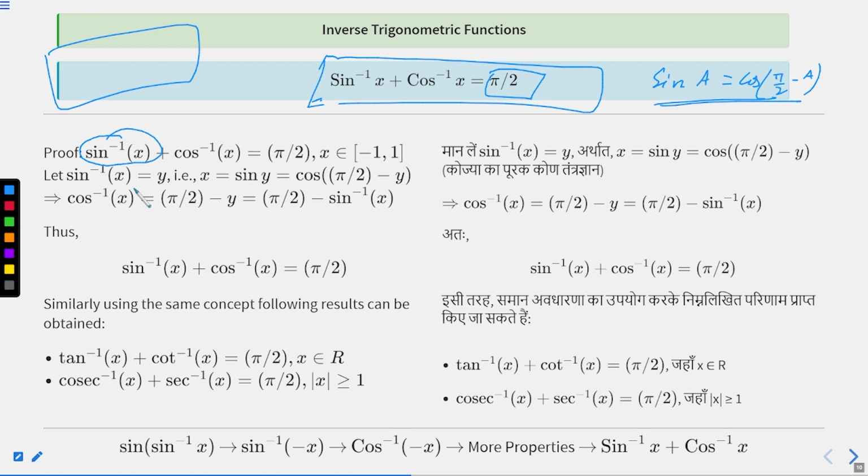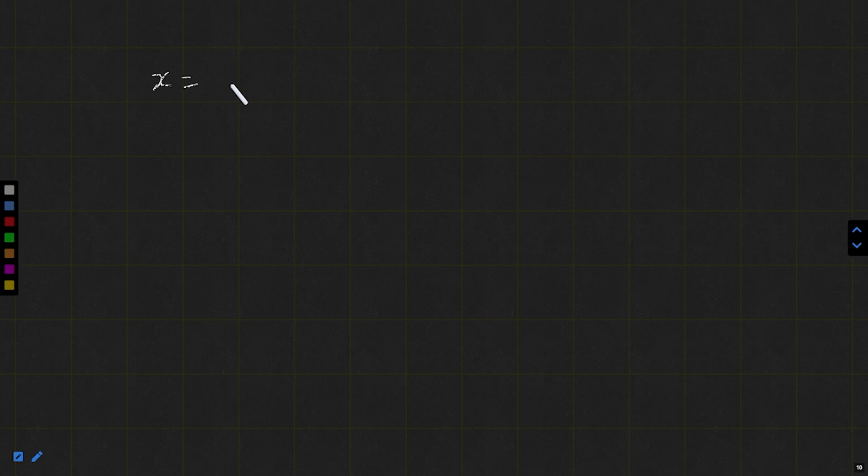Then we arrive at x is equal to cos of pi by 2 minus y, and from this cos inverse x is equal to pi by 2 minus y.